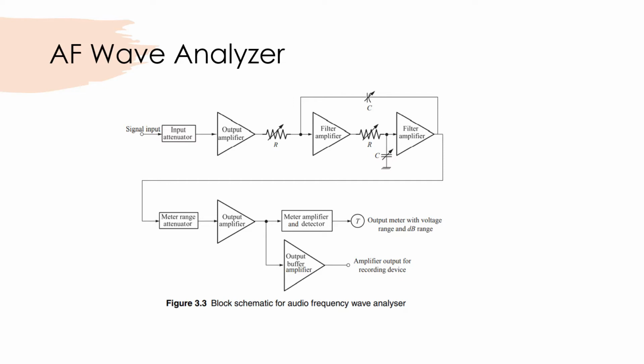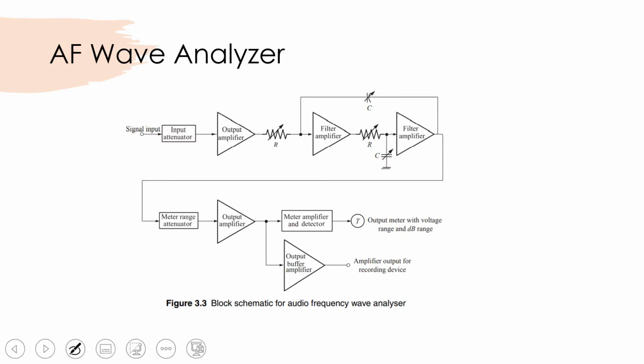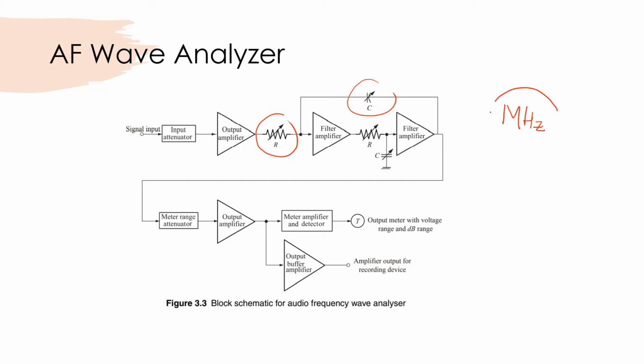We can see from the block diagram that in the AF wave analyzer, we can tune the R here and C here to get the frequency of interest, and then the measurement is in the megahertz range. So with the AF wave analyzer, we can measure or analyze the waveform up to the megahertz range.